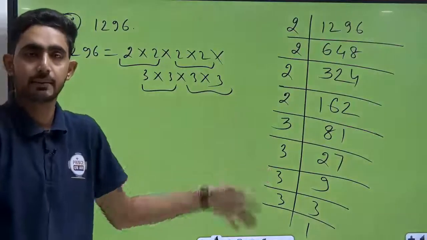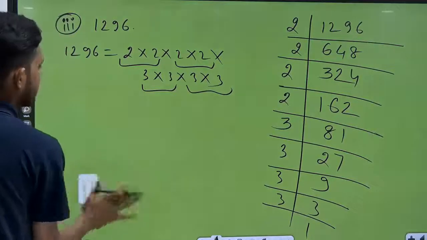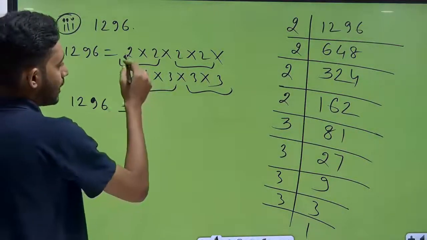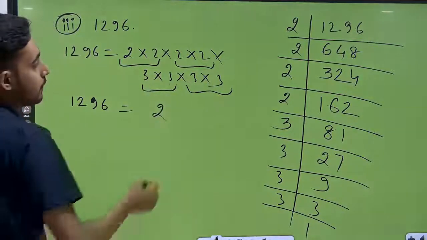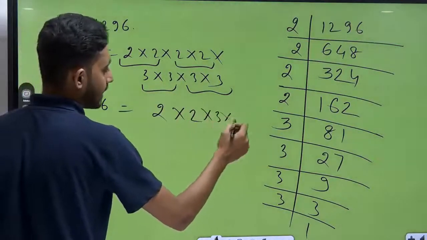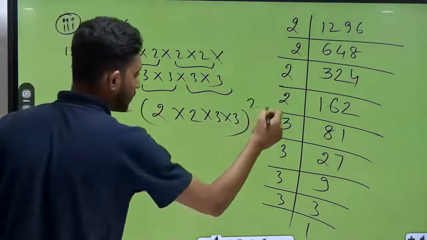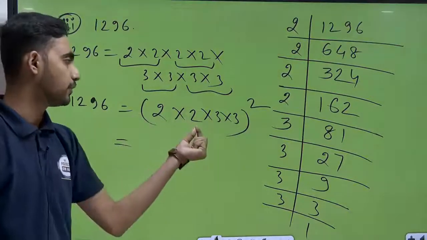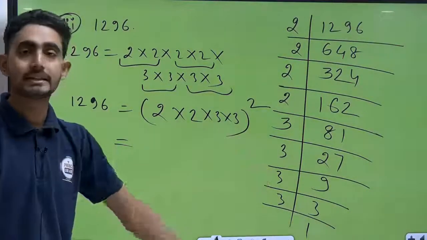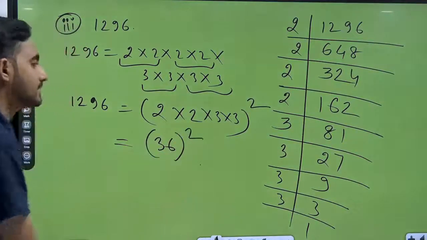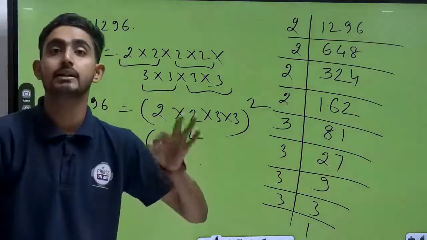So we can say 1296 is equal to, from 2 2 we'll take 1 2, from the next 2 2 again we'll take 1 2, like this 1 3 and again 1 3, and write down square. Now multiply all these numbers. 2 2 ja 4, 4 3 ja 12, 12 3 ja 36. So we can say 1296 is the perfect square of 36.